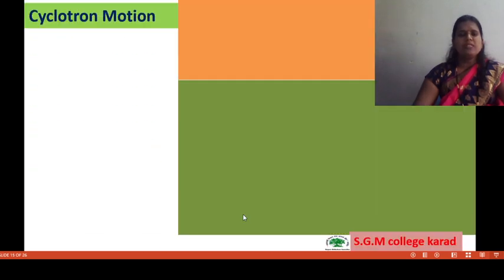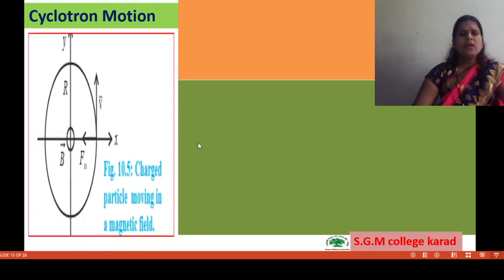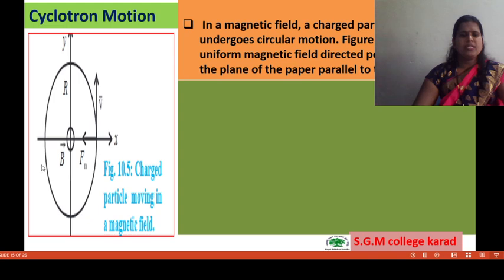Now we will see the cyclotron motion in a magnetic field. If a charged particle performs circular motion, as shown in the figure, the uniform magnetic field is directed perpendicular to the plane of the paper, into the plane, parallel to the negative z-axis.